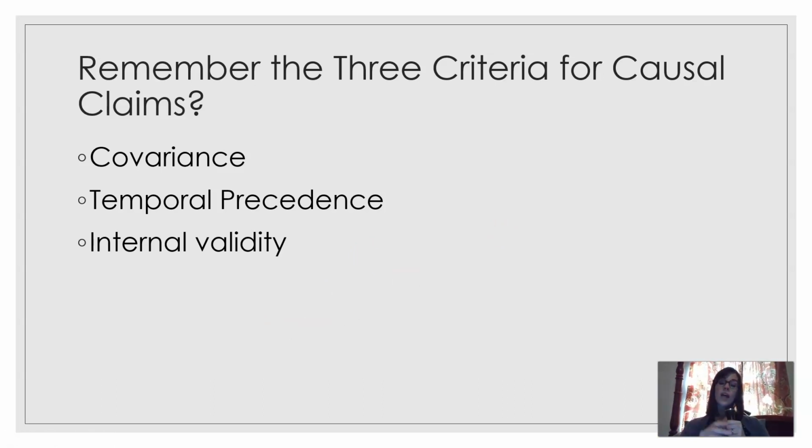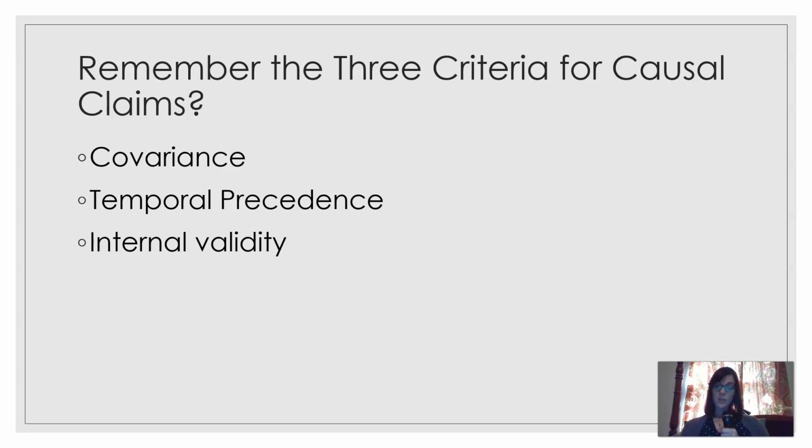We need to rule out any other possible explanations for how we got the results the way we did. So we want to make sure that there aren't any other extraneous variables or confounding variables that could cloud that cause-effect relationship. Again, with correlations, this is another area where we fall short.